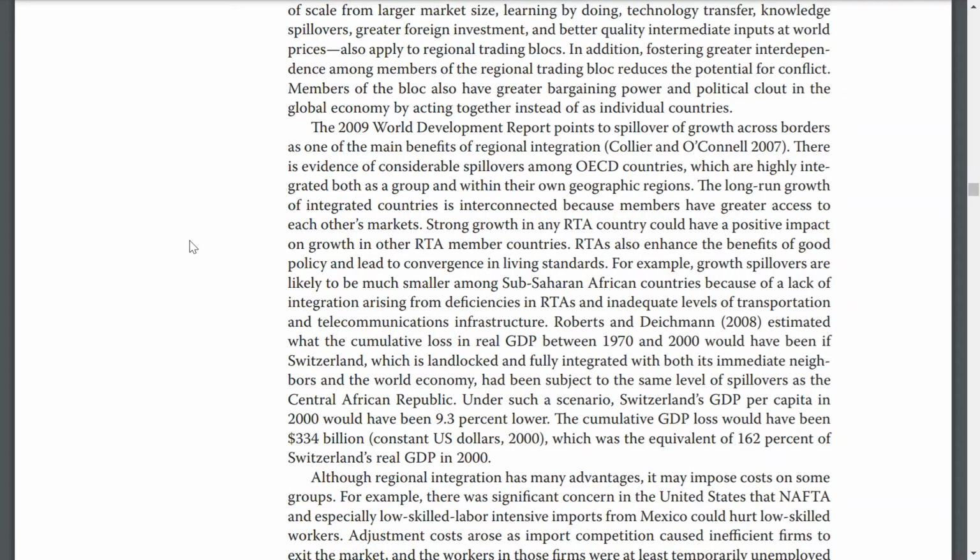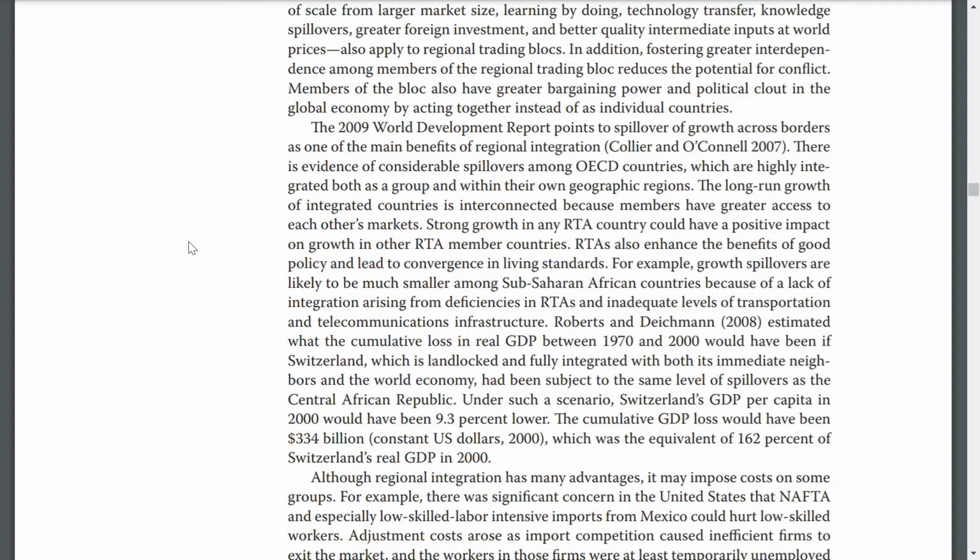Strong growth in any RTA country can have a positive impact on the growth of other RTA member countries. RTAs can enhance the benefit of good policies and lead to convergence of living standards. For example, growth spillovers are likely to be much smaller among sub-Saharan African countries because of the lack of integration arising from deficiencies of the RTAs and inadequate levels of transportation and telecommunication infrastructure.